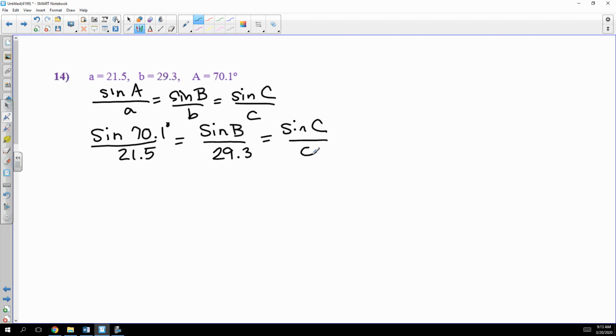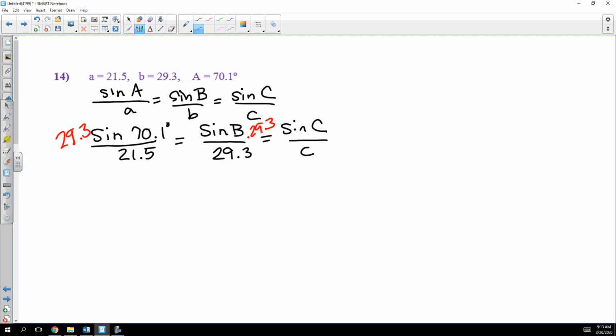Sometimes it's not really going to ask you for every single thing. Sometimes it just might ask you whether or not you're going to have a triangle, and it just might ask you to stop. So remember, I'm going to try to solve for sine B. I'm going to multiply both sides of this by 29.3. I'm just looking at the first two parts.